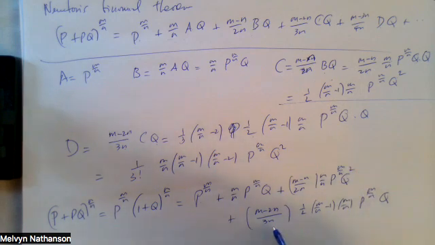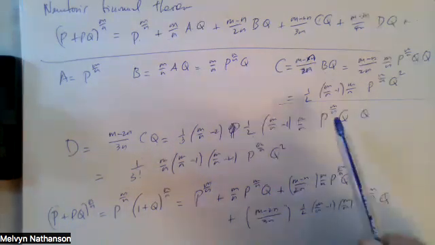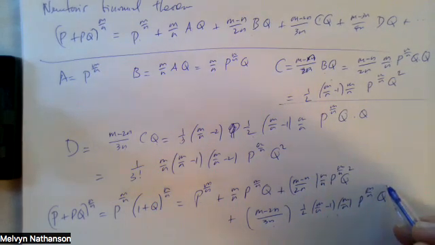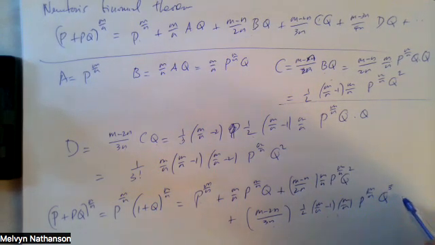Then I have ((m - 2n)/3n) C, which is 1/2 (m/n - 1)(m/n - 2) P^(m/n) Q squared, times the Q makes that Q cubed.